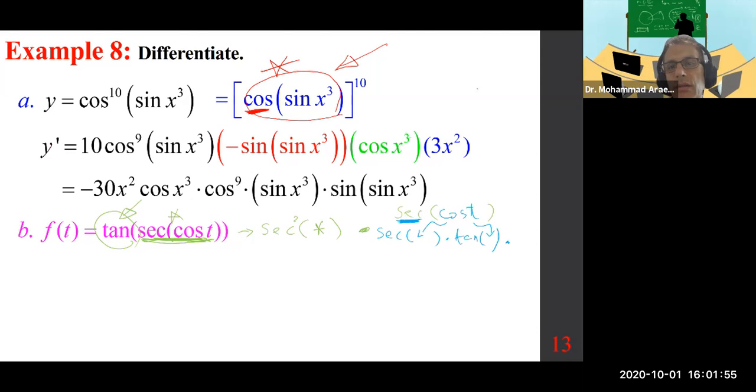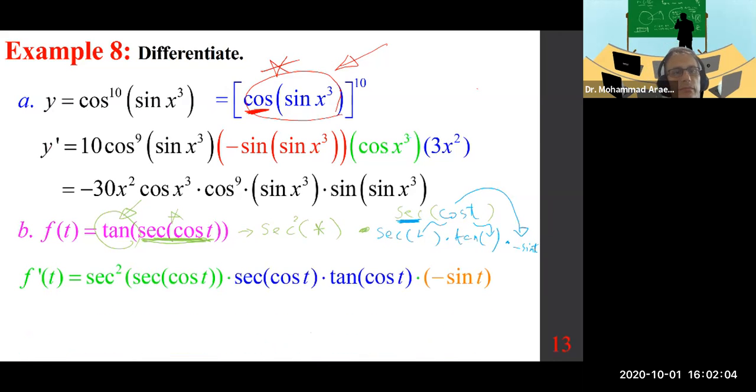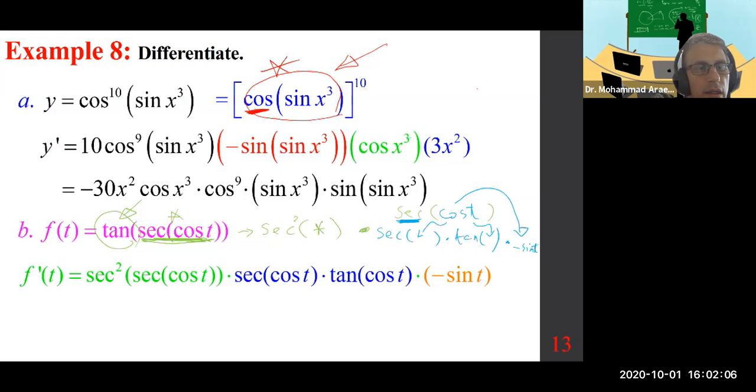Finally, the derivative of cosine, which is negative sine. So take a look. Okay. Secant squared of the asterisk. What is the asterisk? Just the argument. Okay. Now times the derivative of inside. The inside is secant of cosine.